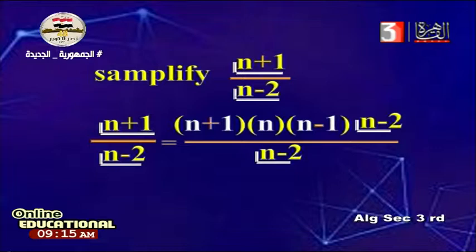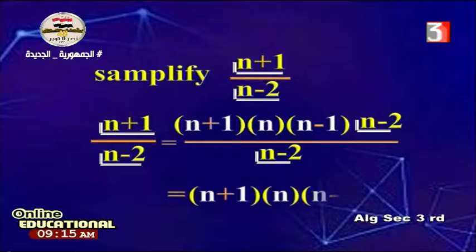In the numerator, factorial n plus 1 equals n plus 1 times n times n minus 1 times factorial n minus 2, and the denominator is factorial n minus 2. We simplify factorial n minus 2 up and down. Therefore, factorial n plus 1 over factorial n minus 2 equals n plus 1 times n times n minus 1.